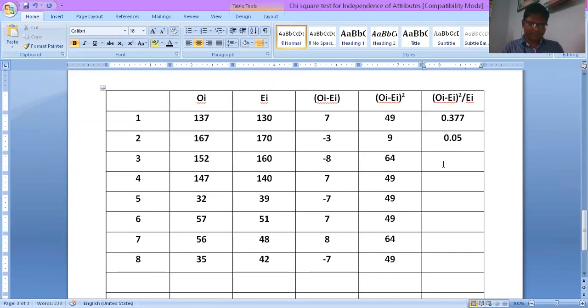Next, 64 divided by 160, and that is 0.4. Next, 49 divided by 140, that is 0.35.